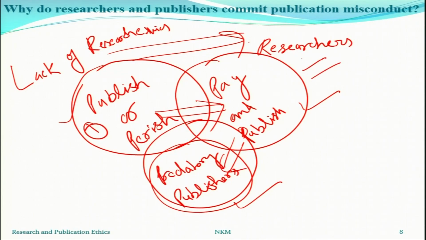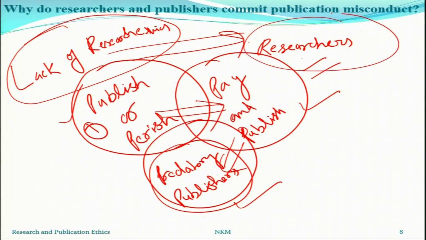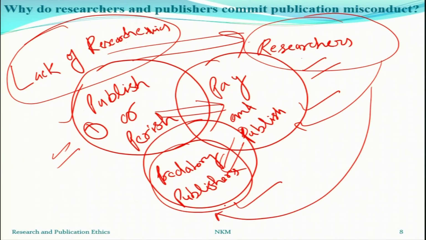That's a very important factor. Because of lack of research ethics, and these three factors, publish or perish, they go for pay and publish, and they are also caught by predatory publishers.